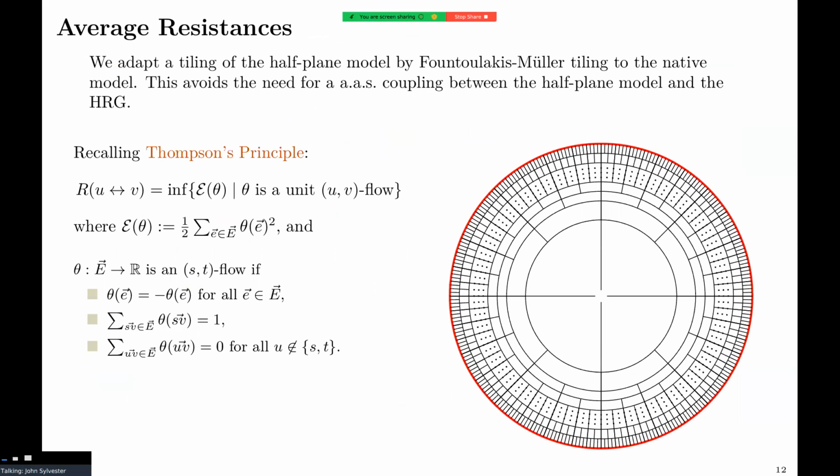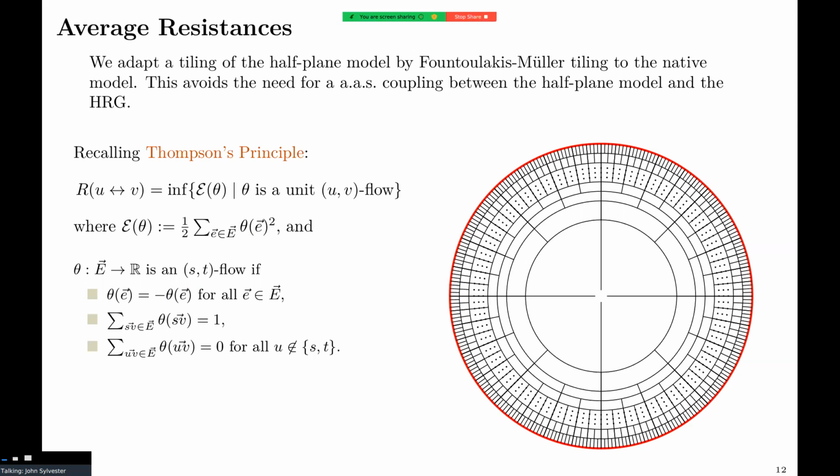We adapt a tiling of the half plane due to Fountoulakis and Müller to work with the native model. So the Fountoulakis and Müller tiling is very nice, and it has very nice properties that we'll see in a minute. But they came up with this tiling in the half plane. However, the model, the HRG, is not described in the half plane, it's in the native model.